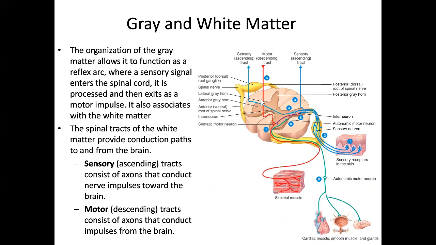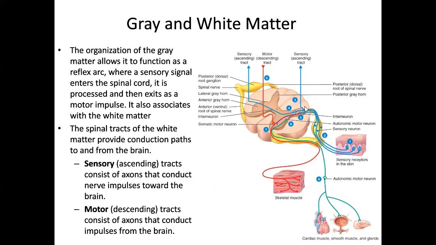In some cases, we might send the signal across to the other side. We might then send the signal up to the brain, so we associate with the white matter. Okay. And in a lot of cases, the signal goes right back out the other side of the spinal cord using the anterior or ventral gray horns, where you find the cell bodies of somatic motor neurons that then go out to our skeletal muscle. Okay.